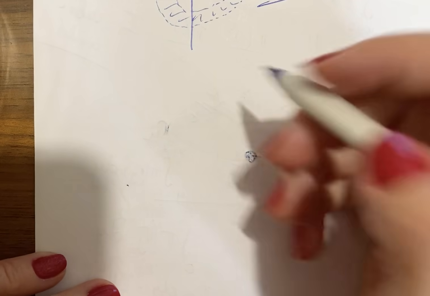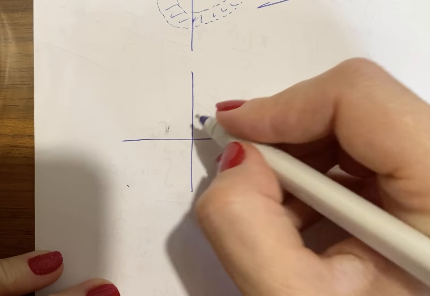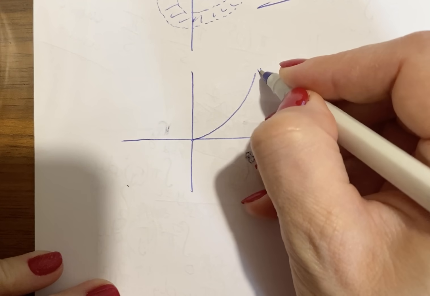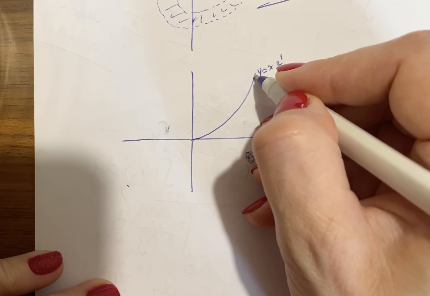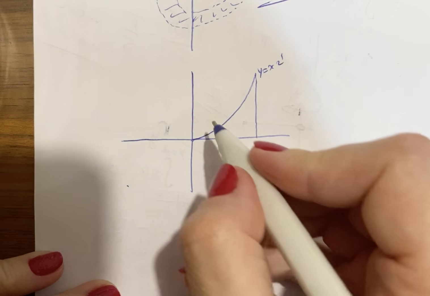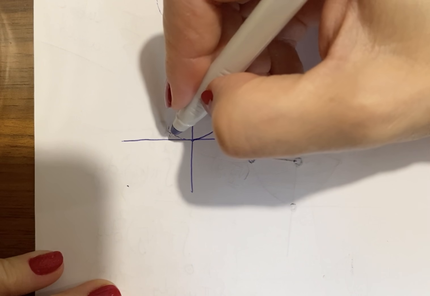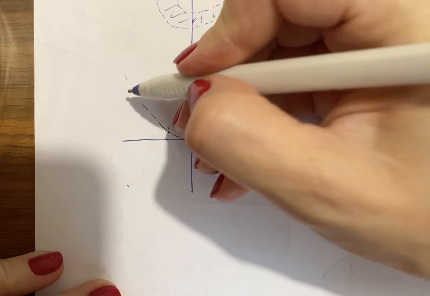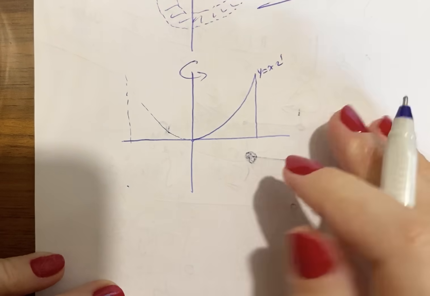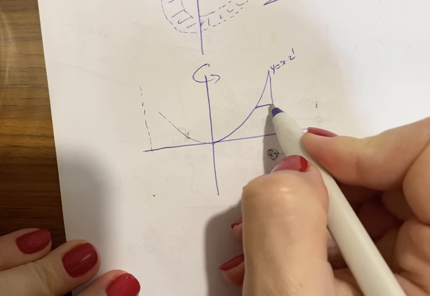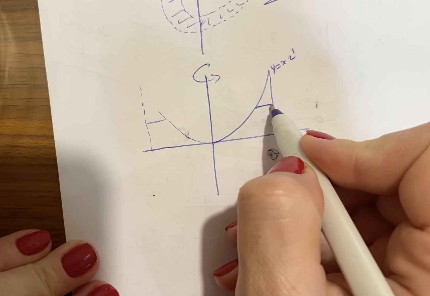All right, let me try to show you a better graph. This is the line of revolution. So when you take this segment and revolve it, it will look like this.